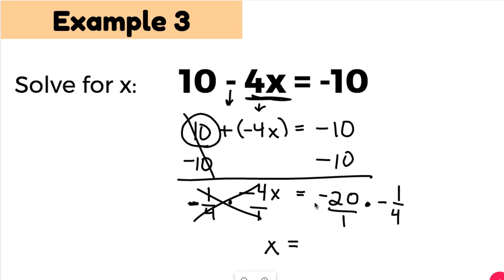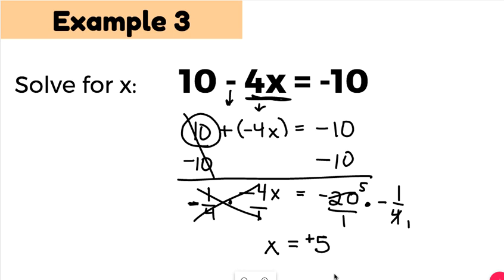Now over here, you can multiply across. Remember, if I have positives and negatives, let's handle those first. A negative times a negative is a positive. So I know my answer will be positive. Now I can ignore the negative signs. I can cross simplify by dividing. 4 divided by 4 is 1. 20 divided by 4 is 5.